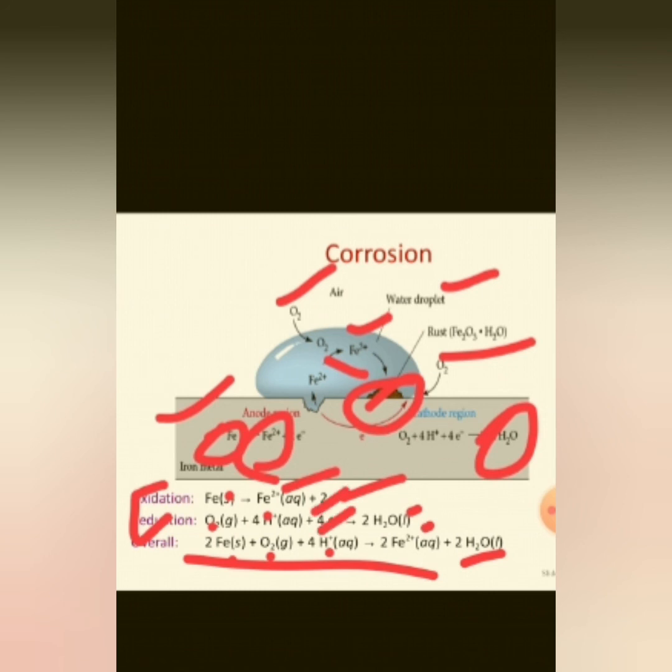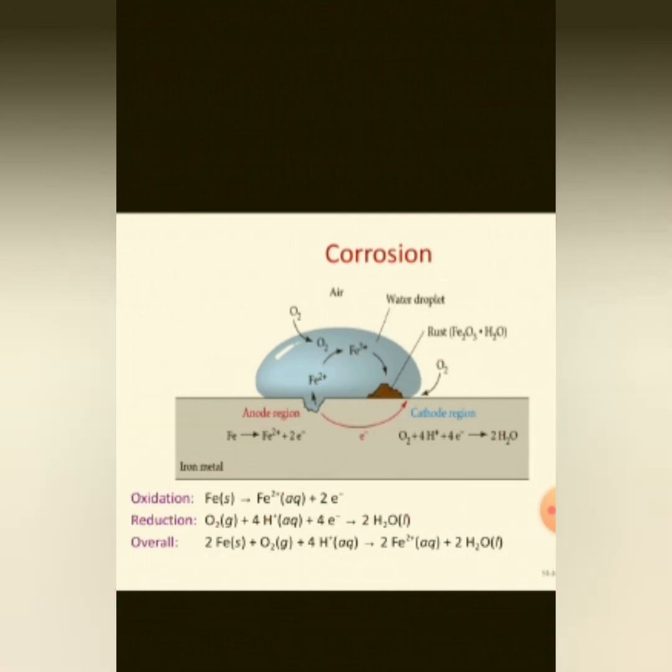It means the oxidation half cell reaction is multiplied by 2. So 2Fe is converted into 2Fe2+, plus O2 plus 4H+ gives 2Fe2+ plus 2H2O. This is the complete structure of corrosion.